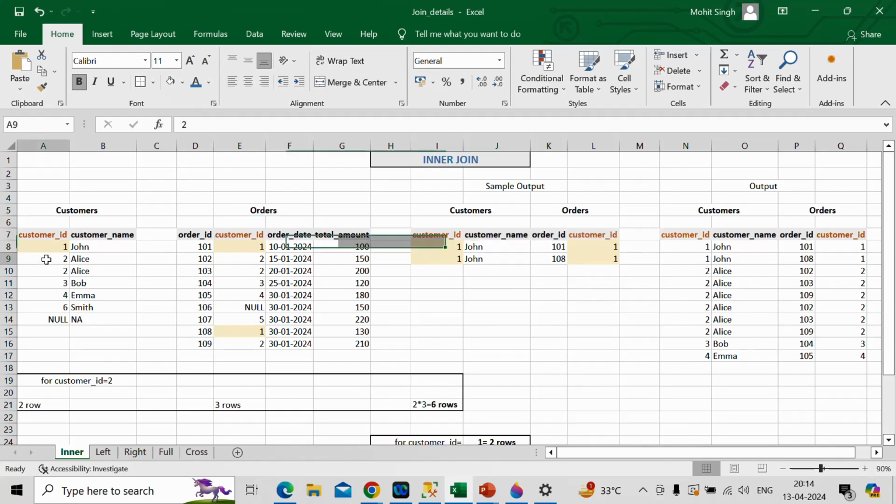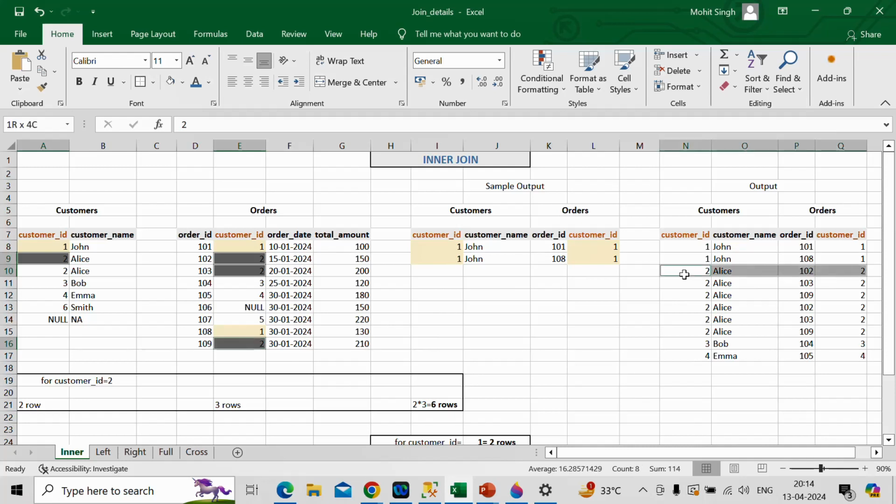Okay. So for this value, it will find its matching at this row, and this row. So for every matching, it will create a row in output. So you can observe here in the output table, this is for the first matching, this is for the second matching record, and this is for the third matching record.